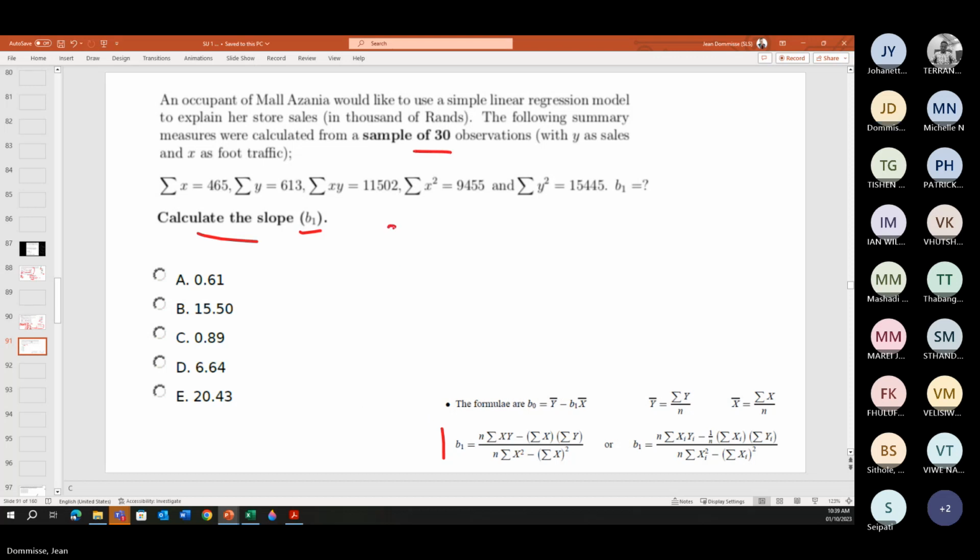So we know it's sample 30. Sum of xy, minus sum of x, sum of y.